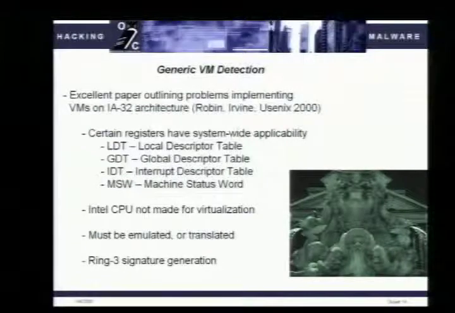So you have the LDT, the local descriptor table, the GDT, global descriptor table, IDT, which is the interrupt descriptor table, and this is the technique used by Joanna's red pill, and also the machine status word. So anytime a program is executing inside of VMware, these instructions and these register reads have to be emulated, and that's where we make our tool useful.